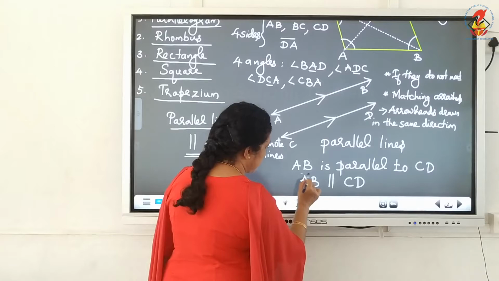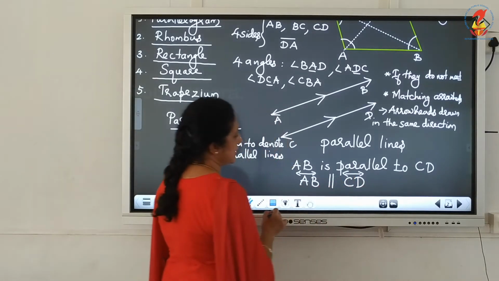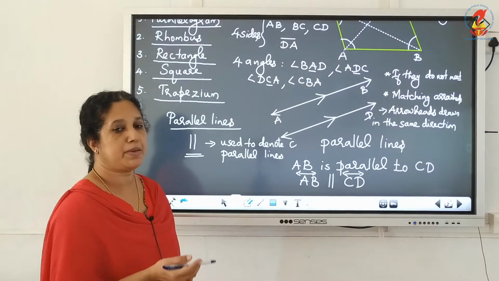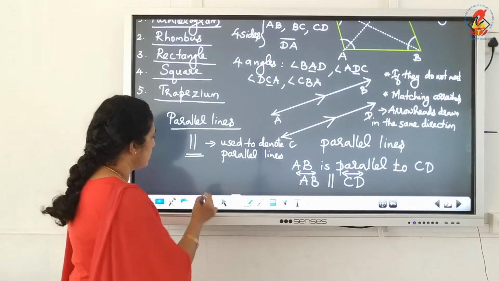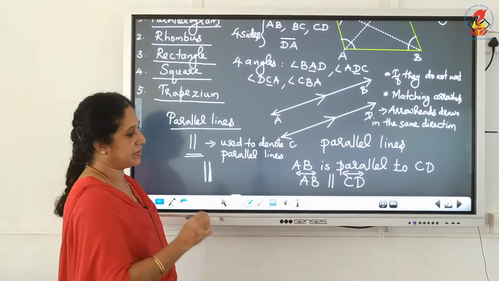If you want, you can put the symbol for the line also. So line AB is parallel to line CD, or simply you can write AB is parallel to CD. When you draw two lines like this, it indicates that the two lines are parallel. The symbol used to indicate parallel lines is this one.